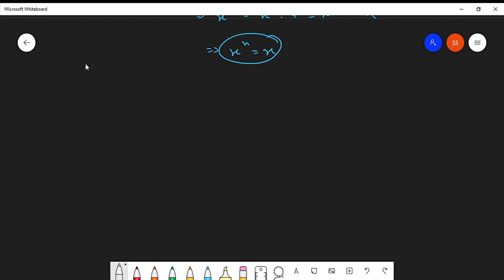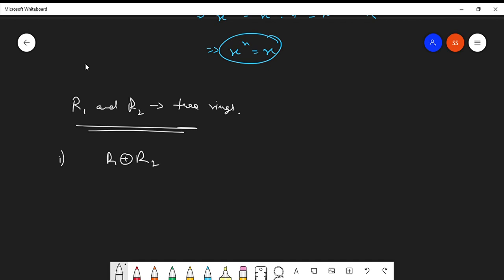Let's say R1 and R2 are two rings. Clear? Now, suppose I say that R1 ⊕ R2 has zero divisors.